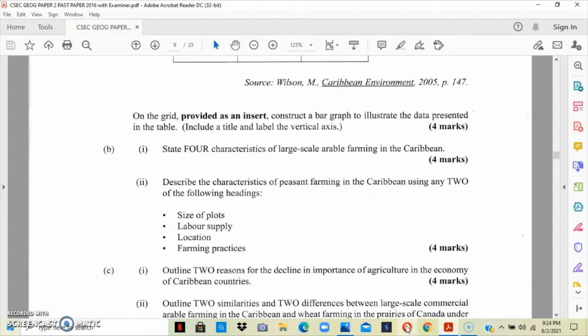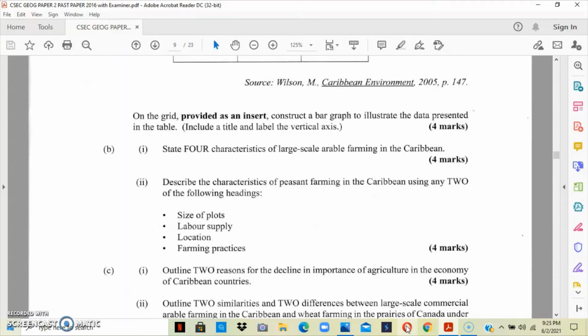Now, when you talk about the labor supply, in peasant farming the labor supply is usually made up of family members. So family who live within the household are the ones who would go out and work on their farms. And usually when they're doing the reaping, they could pay 1 or 2 persons from the community to come and assist.